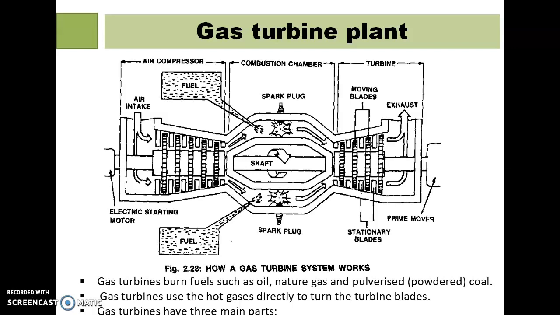In the compressor, the natural air is sucked or pumped in, where the temperature and pressure of this air increase, and this pressurized air is given to the combustion chamber, where the fuel intake is.